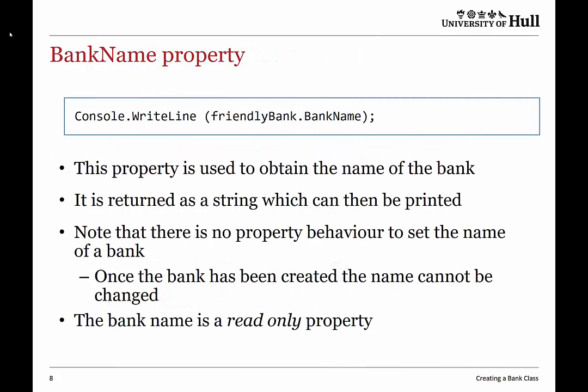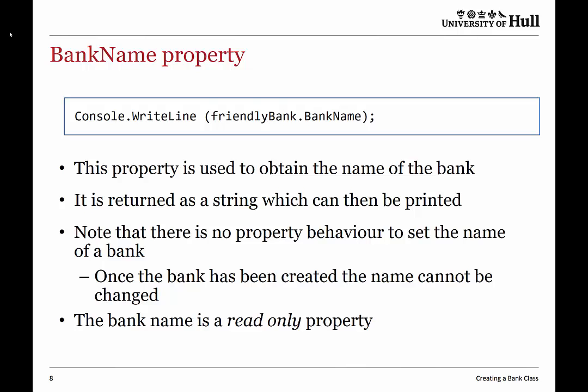And the bank name property is really, really easy to do because I can just implement a behavior that gives me a bank name on a get, and I can ask a friendly bank, hey, give me your bank name, and that's easy enough. This bullet point here is important. Once the bank has been created, we can't change the name of it. So it's just a simple read-only property.